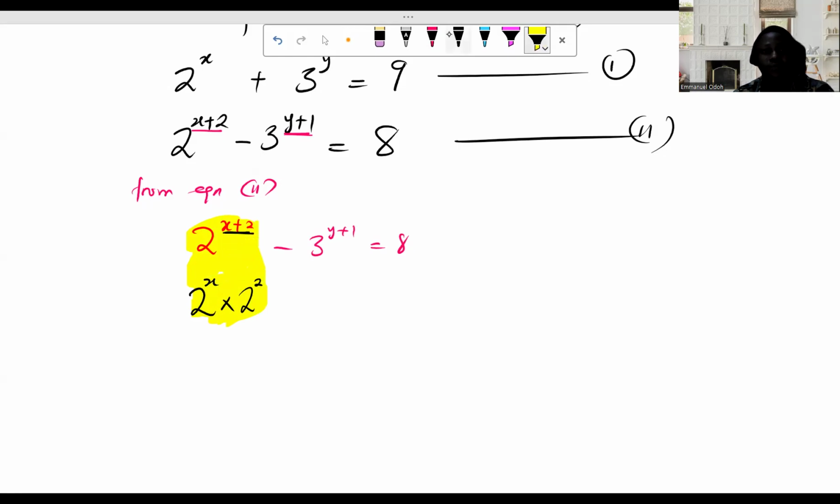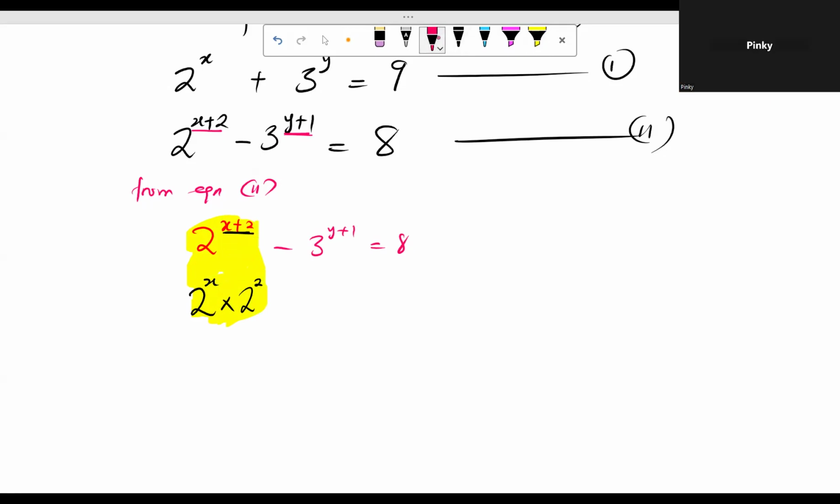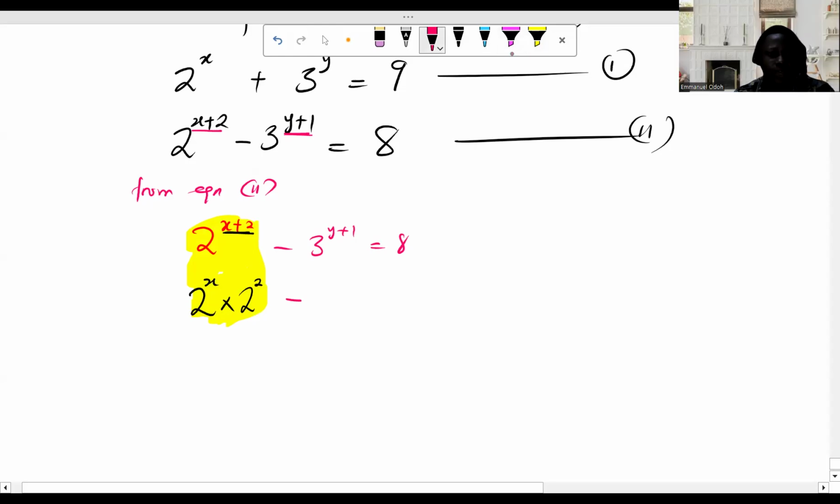So that means this one too, I can write it as 3 to the power of y times 3 to the power of 1, equals 8. And let me leave the 8 as it is.